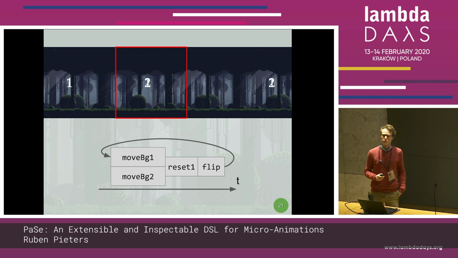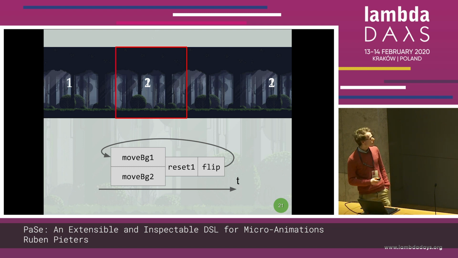Afterwards we put this first background section back to the right again. Once we swap 1 and 2, we can repeat the same animation continuously to get a background that scrolls infinitely.